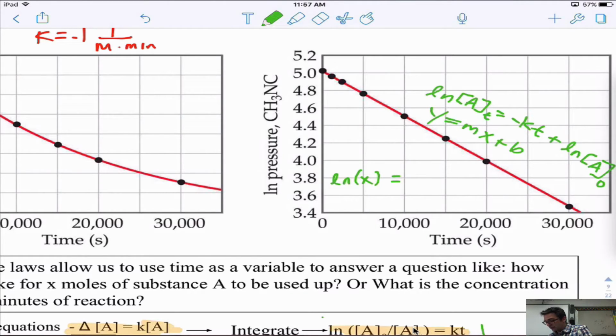I would need to figure out what my k was first, so we're going to have negative k, my time is going to be 12,000 seconds, plus my ln of A at time 0, which is just plus 5.